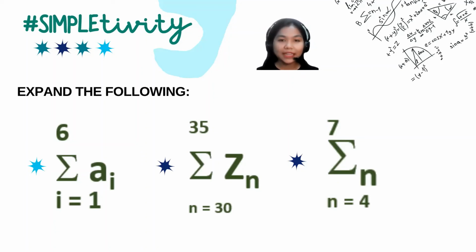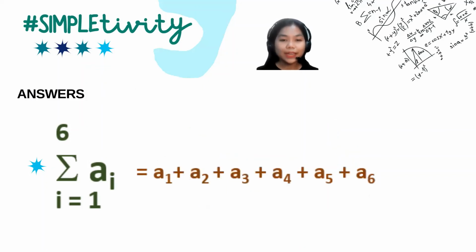So try expanding the summation of ai as i goes from 1 to 6, or the other way of reading this is summation of ai from i equals 1 to i equals 6. Then the summation of zn as n goes from 30 to 35, and summation of n as n goes from 4 to 7. So here's the answer. Remember that I've only given the formula of the term, but I did not actually give real numbers.